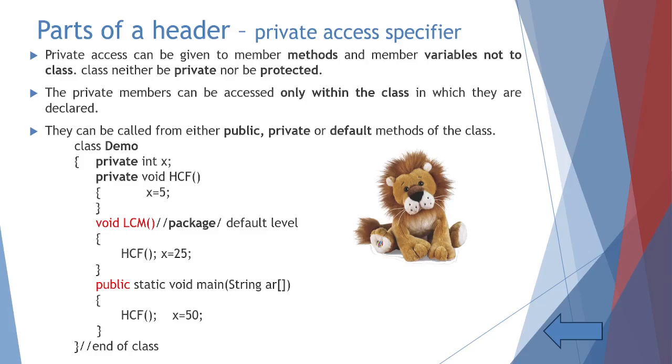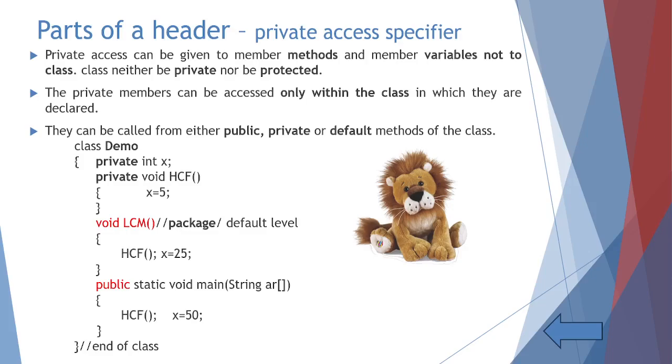Because private means cannot be shareable, I cannot create a class with the private keyword. Class private means nobody can use it. And protected also we cannot give to a class. Now, this access specifier private can be given to member variables and member methods.